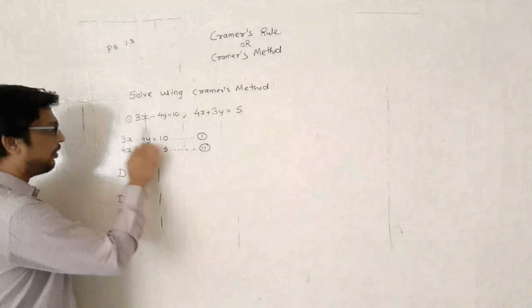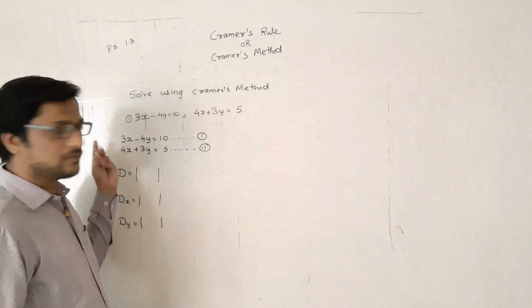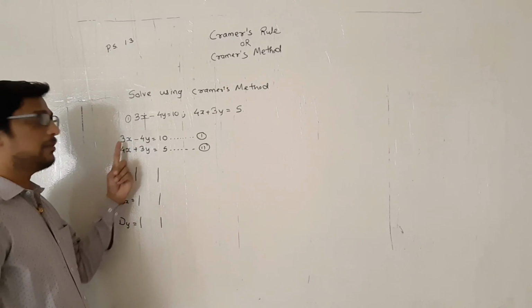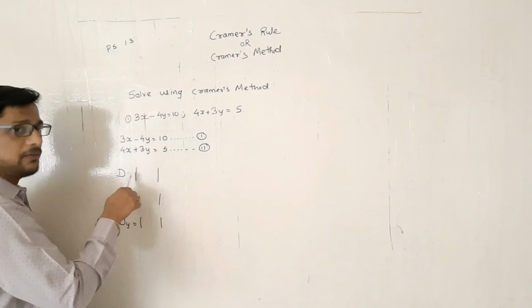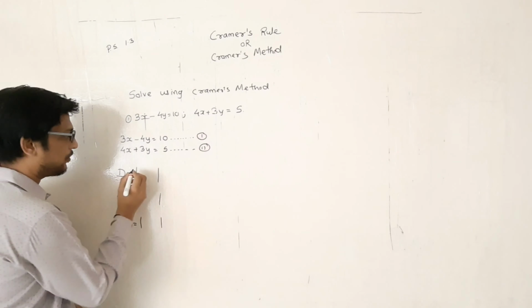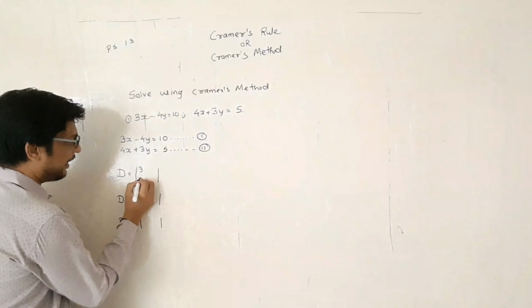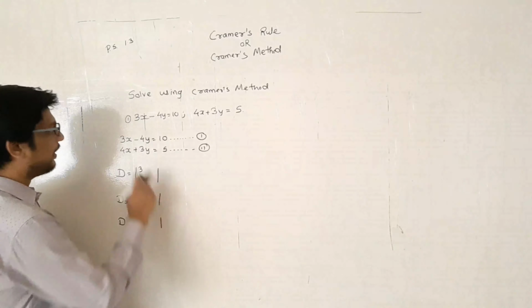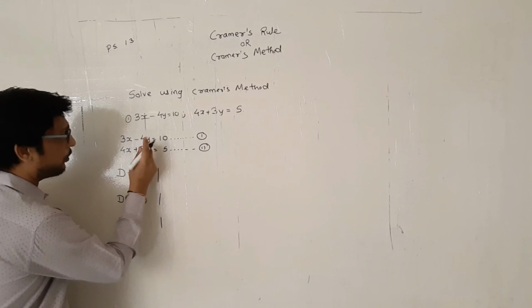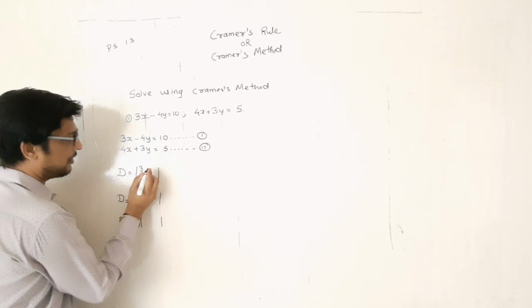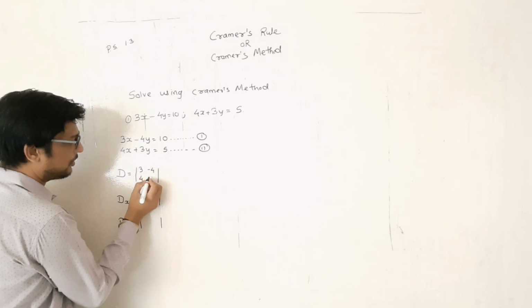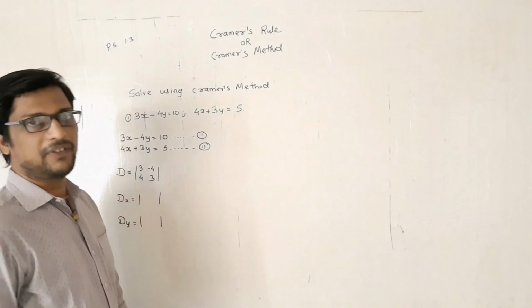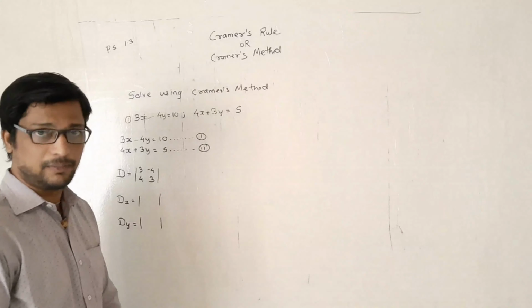Now, how to write the determinant D? From this, see, on the left hand side, x and x variables are there. So first I will write the coefficient of x over here, 3 and below that 4. These are the coefficients of x. Then I will write the coefficients of y over here with sign, -4, 3. And we know how to solve this determinant.